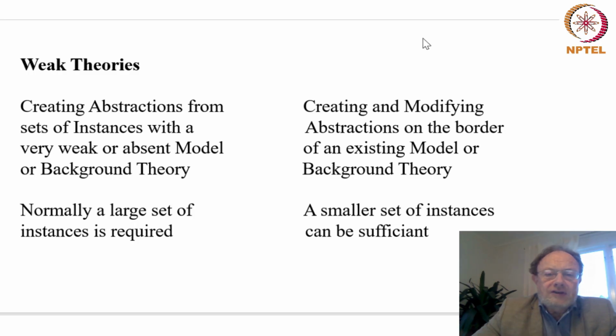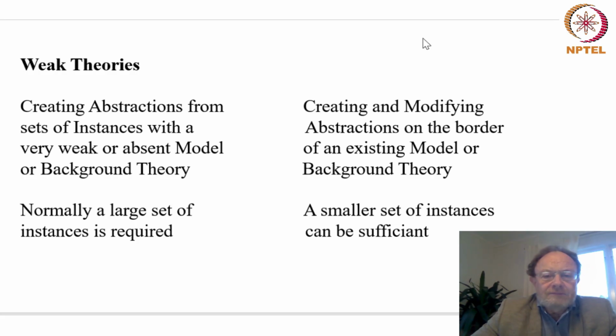The opposite situation, which we will go more into next week, is how you can create abstractions, but also modify abstractions, on the basis of an existing model or background theory that is more substantial. It could be that it's almost complete and just to be adapted slightly, or it can be partial and need to be extended.